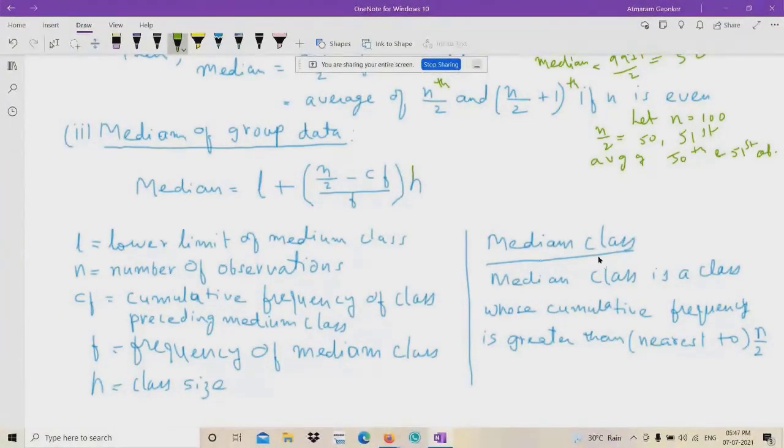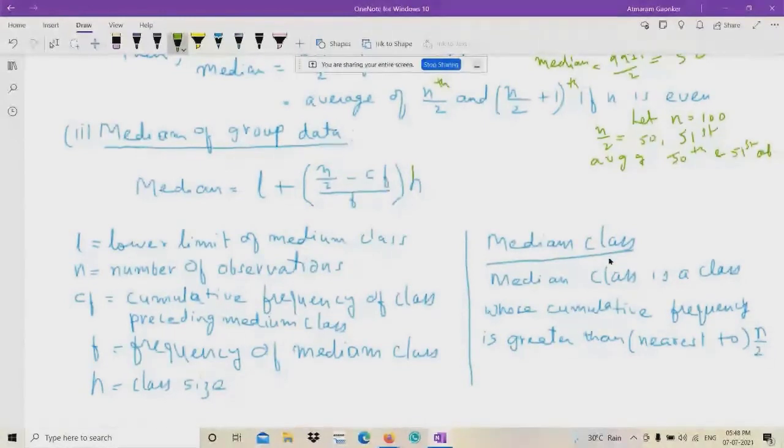Then what is the median class? Median class is a class whose cumulative frequency is greater than or near to n divided by 2. It should be either greater than n by 2 or near to n by 2.